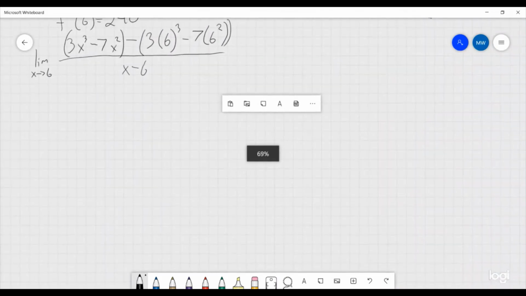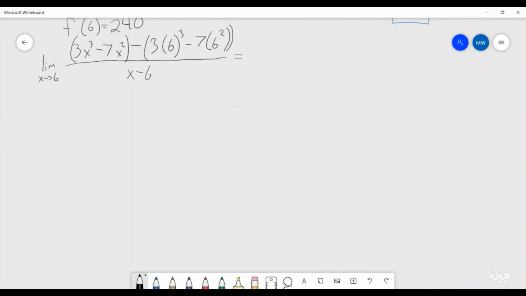So let's go through this together now. We have 3 times x cubed minus 6 cubed minus 7 times x squared minus 6 squared, all over x minus 6, with the limit out front.